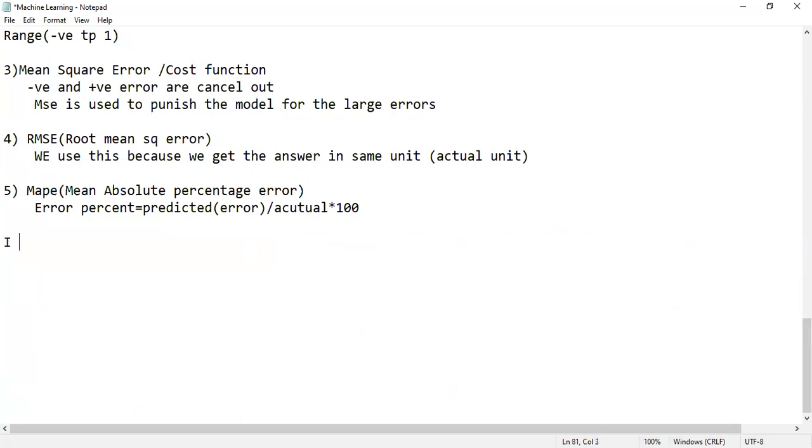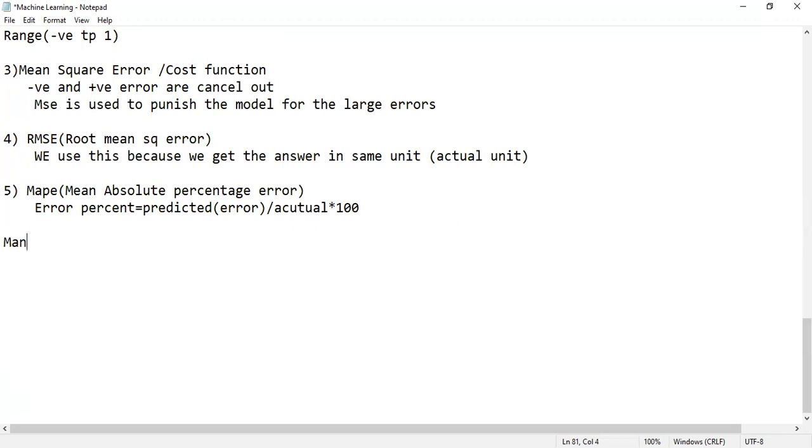I will tell you the mandatory conditions for linear regression. First, the number of records should always be greater than the number of columns. Number of records means number of rows. Second, the target variable should always be numeric and continuous.